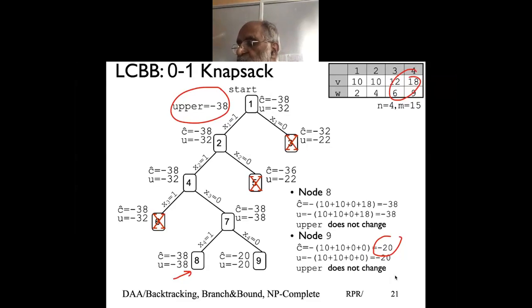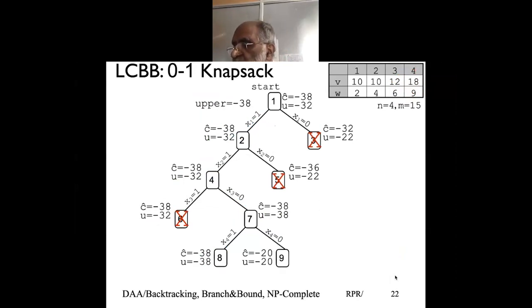So that means we found my least cost solution, and my least cost path is: include item 1, include item 2, don't include item 3, and include item 4. So we killed everything and we reached the leaf node.